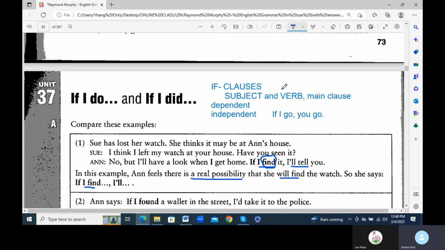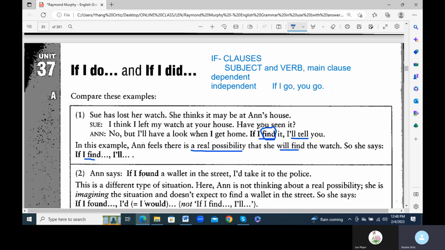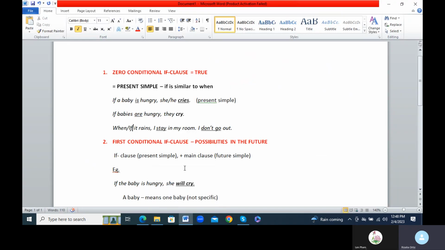Okay. So that's the present simple and future simple form of the verb for the first conditional sentences. Now, I have a question for you, Len.